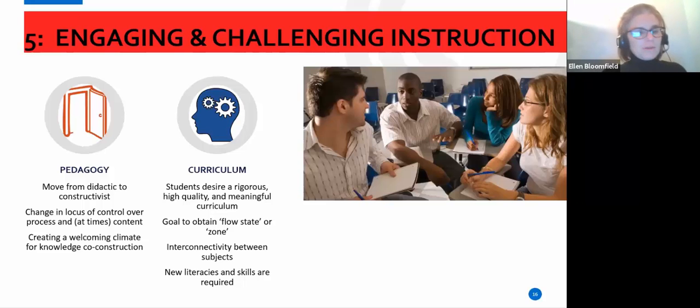All right, so moving along to number 5, we have 2 instructional aspects that seem to encourage engagement. One is engaging pedagogy, and the other is engaging curriculum. Now, what the literature found, and we've all talked about this, and I'm not going to beat this dead horse, is we've got to keep them active, the active learning thing. So that's where your engaging pedagogy comes in.